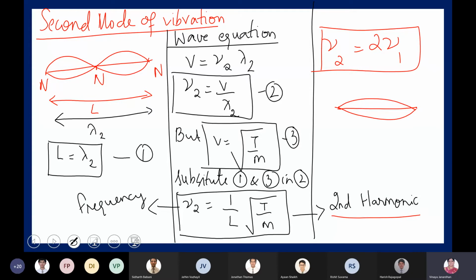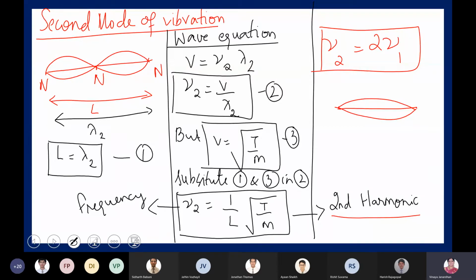You can change the tension also. Tension means the load. Or you can make the wire vibrate by bringing a vibrating tuning fork. You can change the mode of vibration.